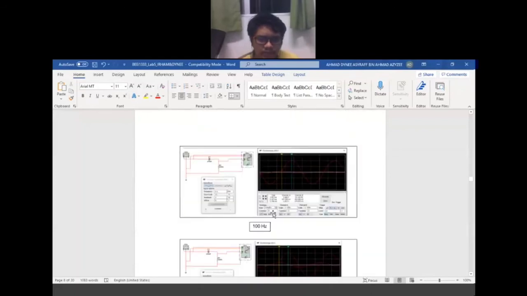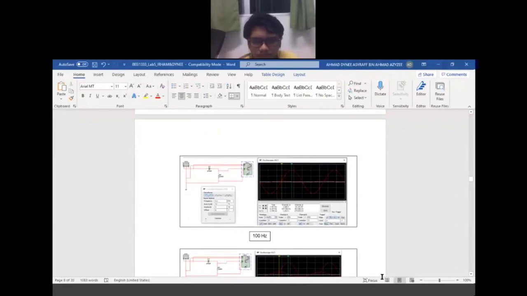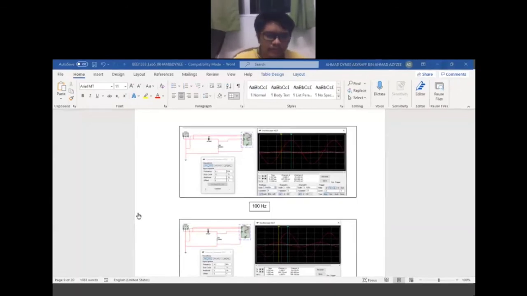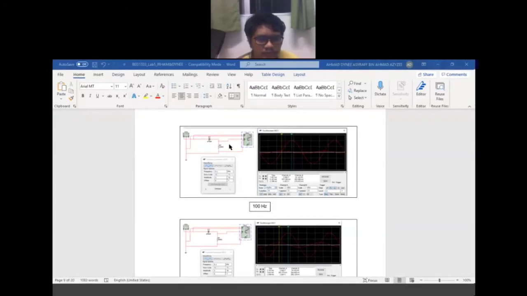To find the V out, for example, if I set it to 1 kHz, first I go for Y max for channel A. Then the V out is from channel B, so I have to select channel B and find Y max.